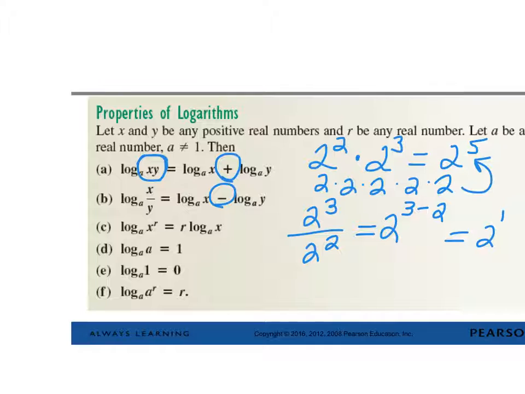The third one, option C, says that if you have 2 to the second power raised to the third power, if you remember what you did before, that meant you had 2 squared times 2 squared times 2 squared, which is 2 to the 6th, and 2 times 3 is 6.